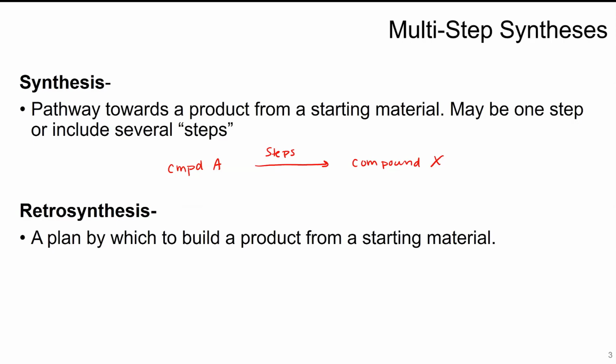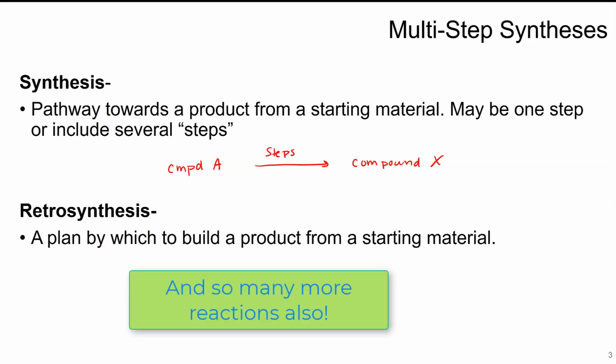We often use retrosynthesis, which is a plan to build things backwards from the product stepwise towards the starting material. Retrosynthesis is a very powerful tool when you know many of the organic reactions. So at the end of 225, you could do a fair amount of reactions. What you'll see in 326 is that we can do some of the same reactions, but in fewer steps, and that will be a much more efficient synthesis.